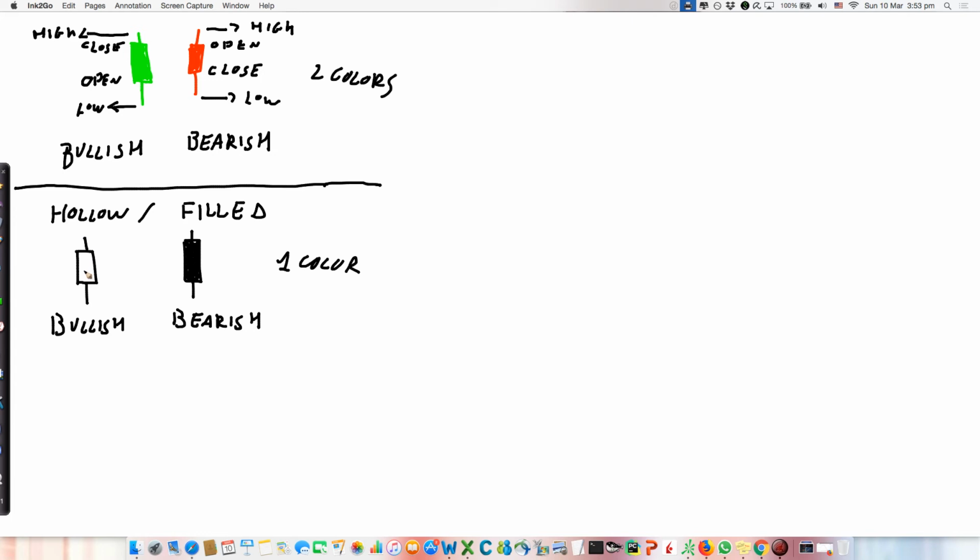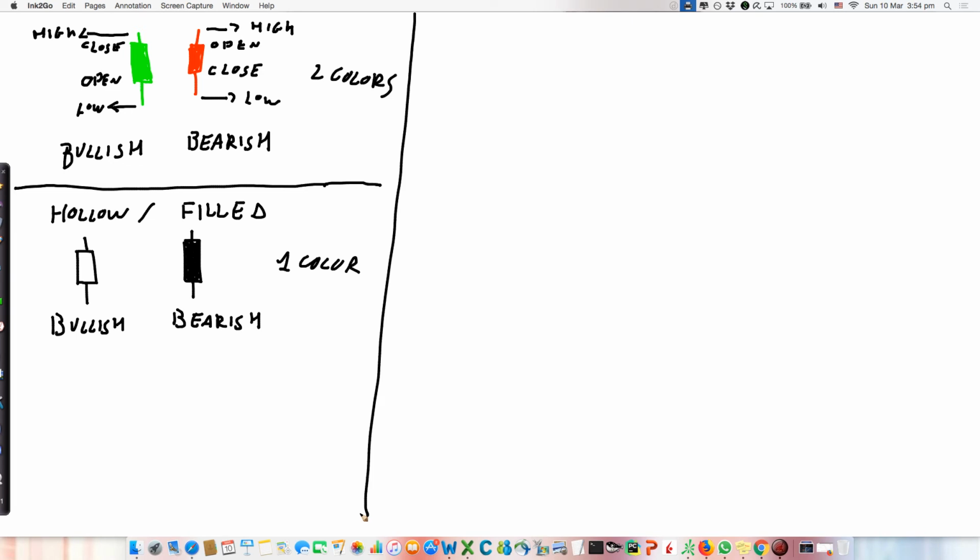For the bullish candle, this is the open and this is the close, and for the bearish, this is the open and this is the close. Now, to complicate things, sometimes you can find combinations of these hollow, fill, and different colors. So now I want to show you 2 of the combinations that you may find.